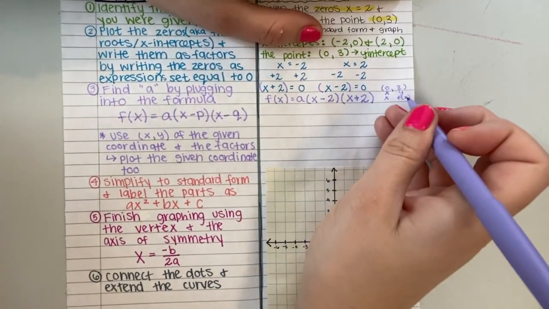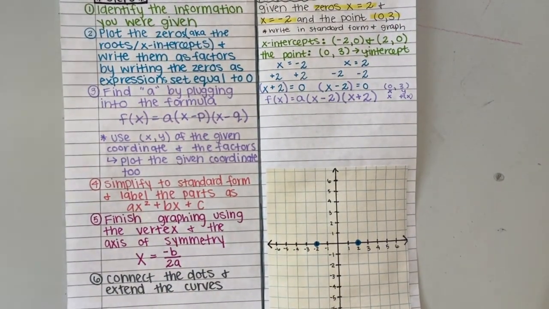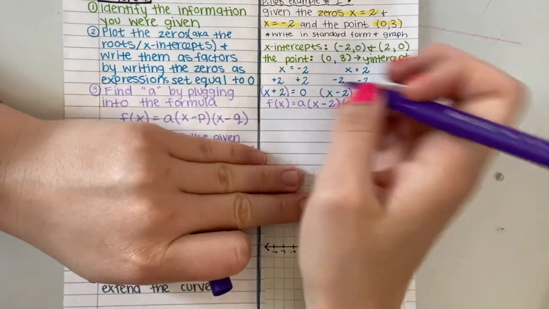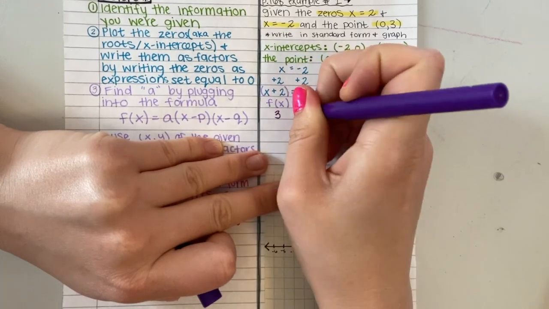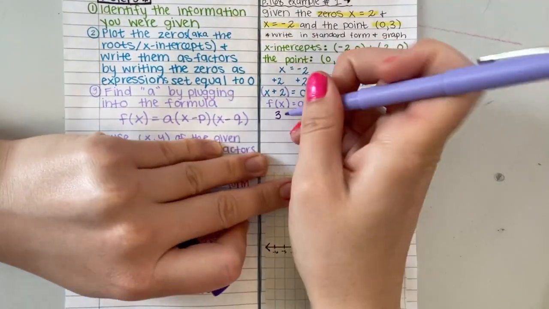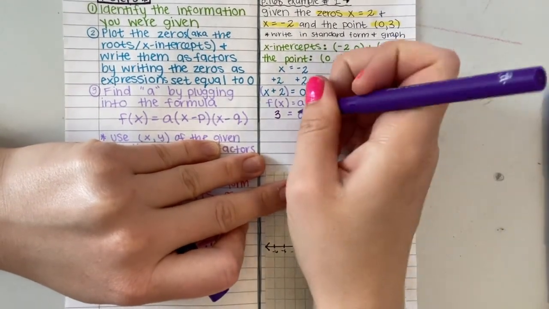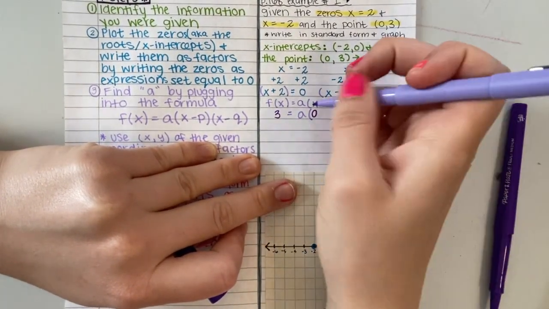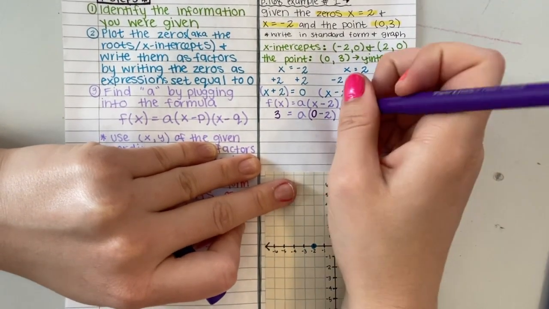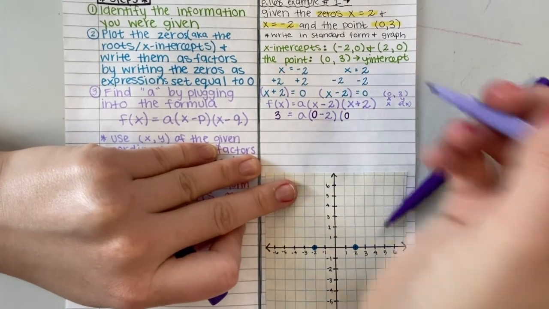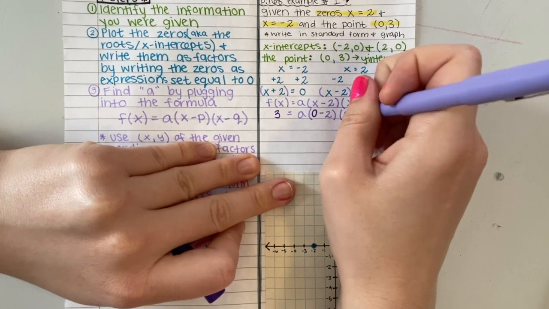I'm just going to replace those letters with those numbers. We know our y, or our f of x value, is 3. Then we know we still have our a. x is 0, minus 2, close parentheses, 0, because we're replacing all of our x's with 0, plus 2.